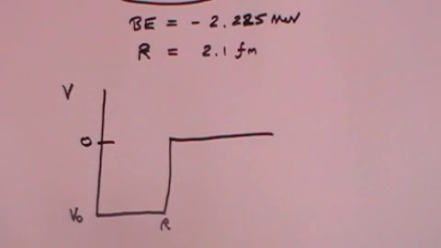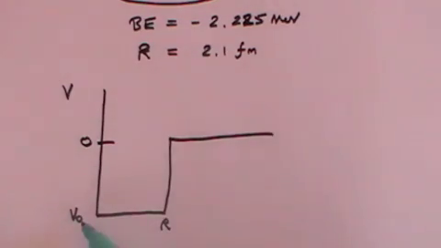So what we're saying is that the potential energy within the radius R is V0, and outside the radius R, beyond the radius R, the potential is 0. And what we want to know is, what is V0?